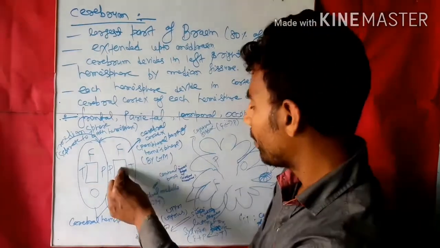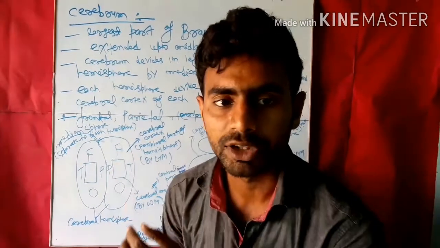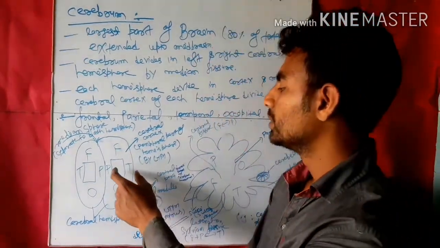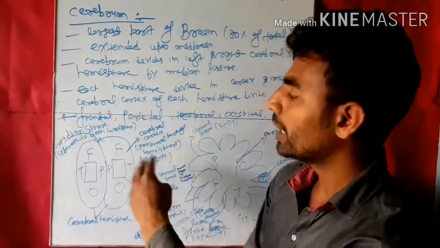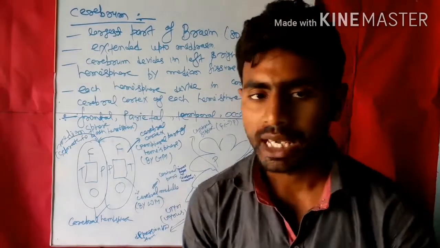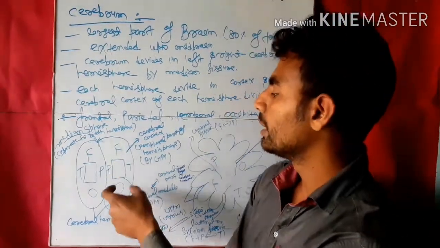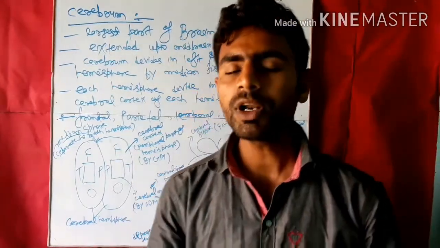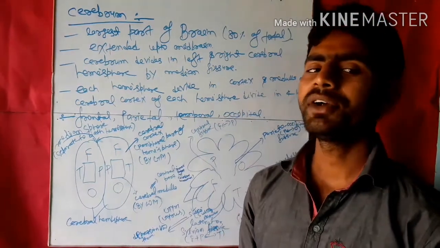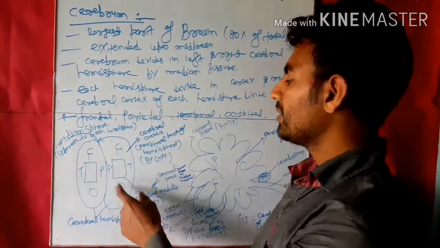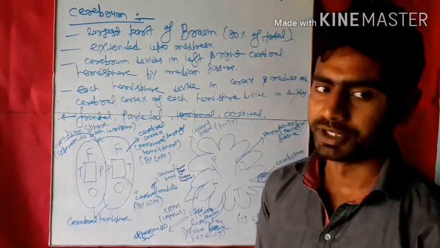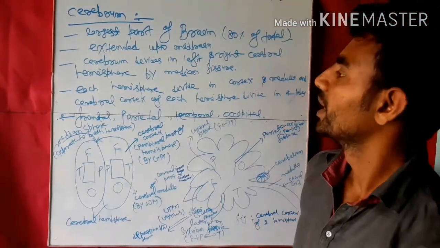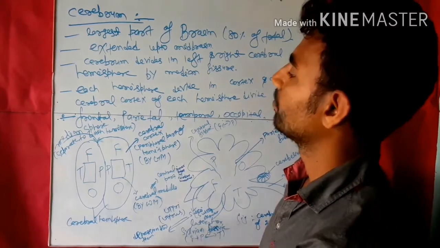This means the inner part of the cerebral hemisphere is called the cerebral medulla, and the peripheral part of the hemisphere is called the cerebral cortex. The cerebral cortex is also called gray matter due to its grayish appearance, and the cerebral medulla is called white matter due to its white appearance.